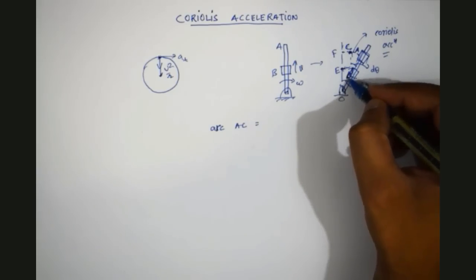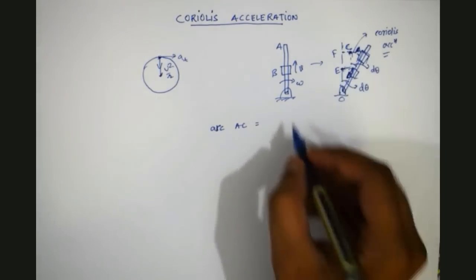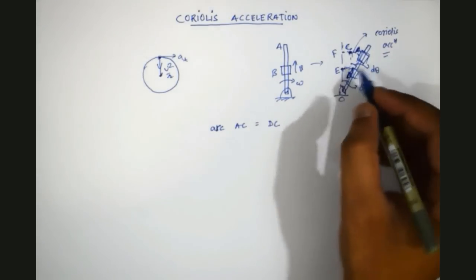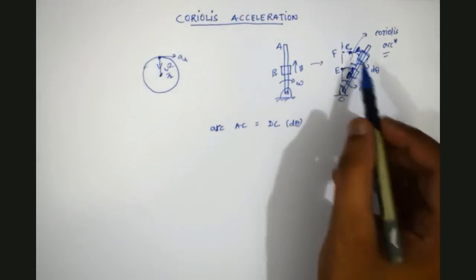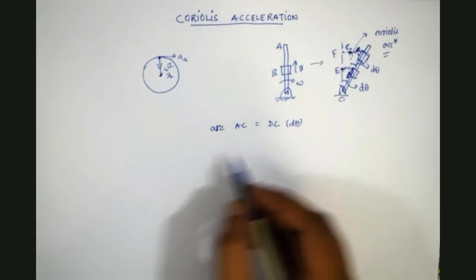This is point D and this is point A. This is DC into this angle d theta. This is how we calculate the length of an arc.